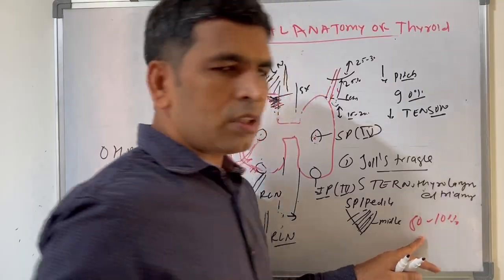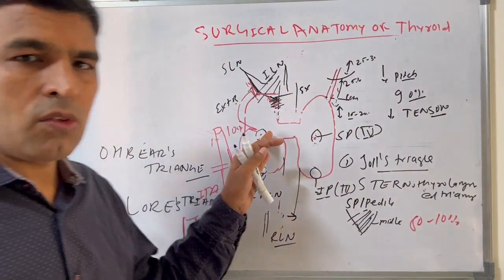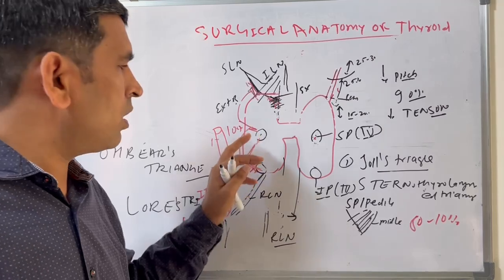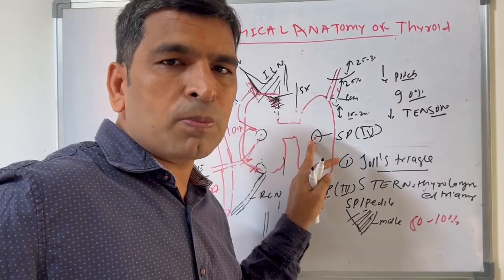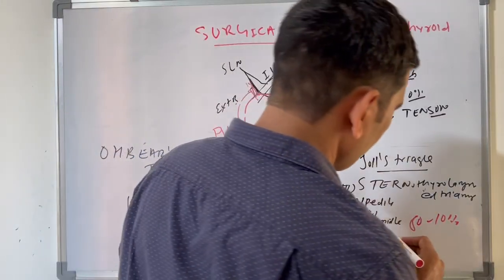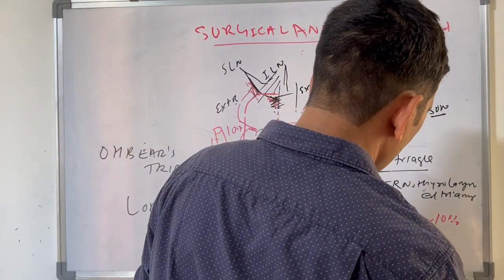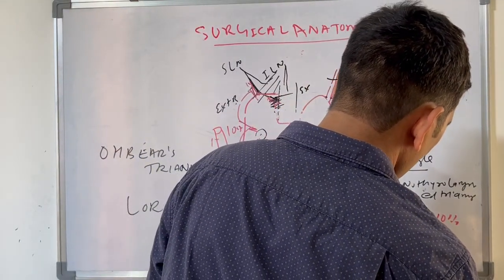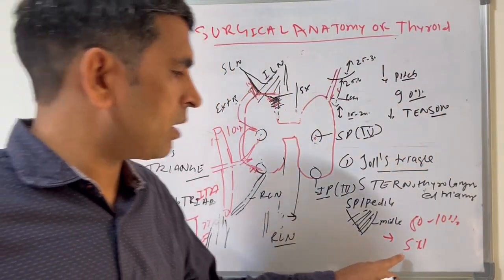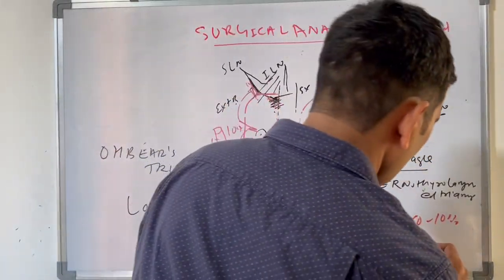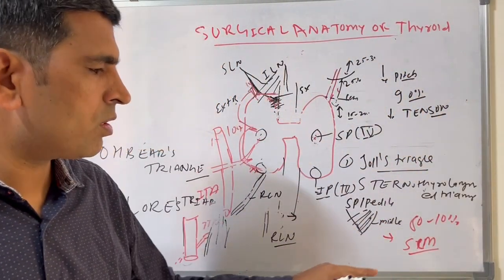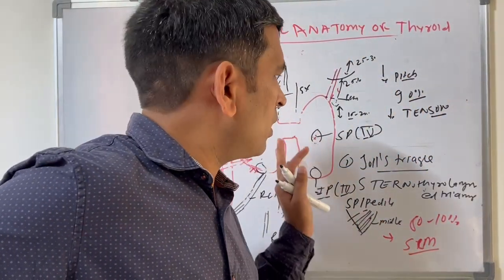And during dissection, if devascularization of the parathyroid happens in the same patient, then you can implant this in the same sitting in the sternocleidomastoid muscle, SCM.